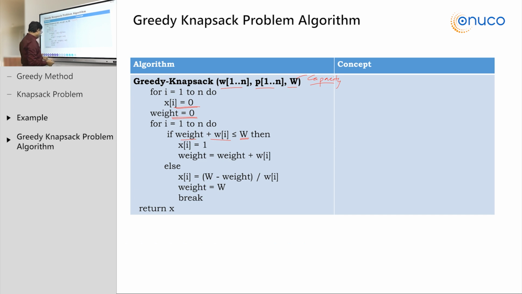That is what we did in each and every iteration. If the sum of the weights selected for the knapsack remains lesser than the capacity of the knapsack, then you are going to select. So if this W of i is lesser than the capacity, we are going to make x of i equal to 1. So this individual item you are going to select.